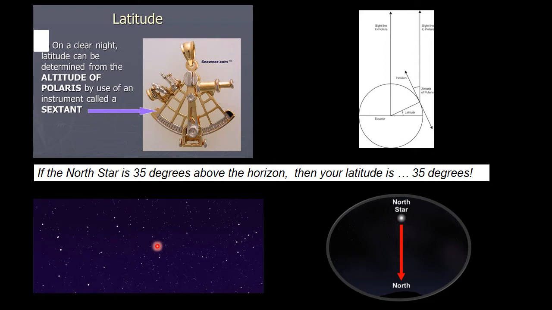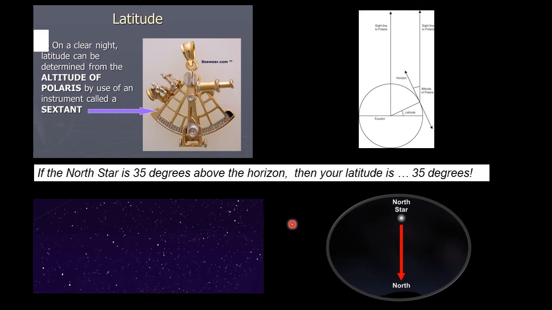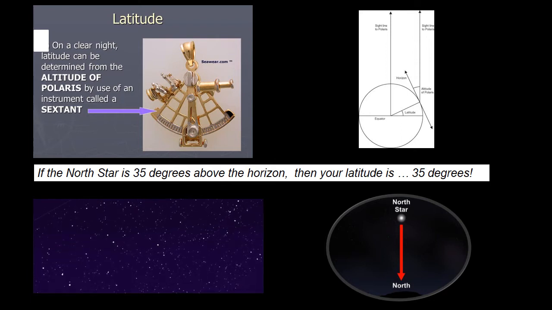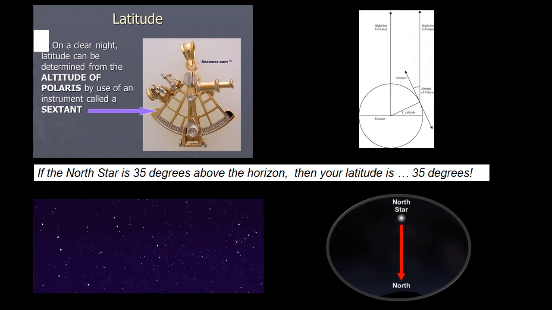And here on this little animation, I'm pointing to where the North Star is. The North Star, Polaris, is directly over the North Pole, and so at night, all the other stars spin around Polaris.